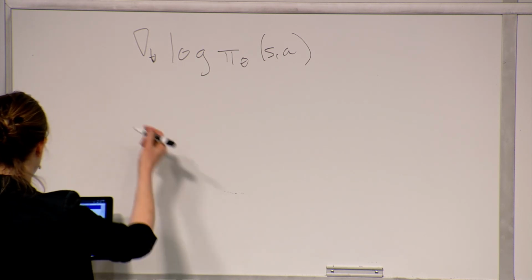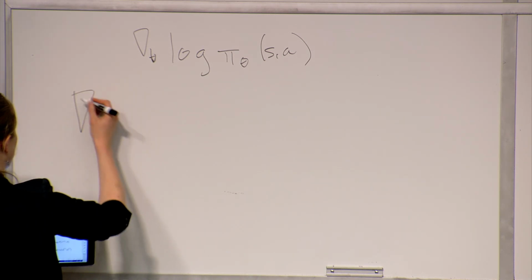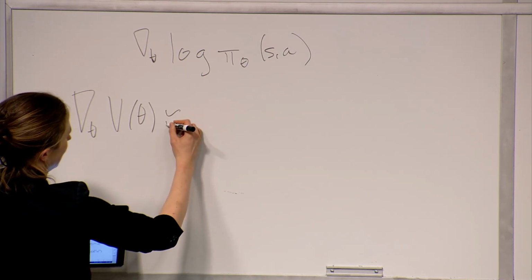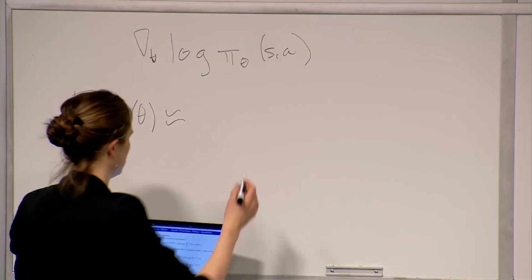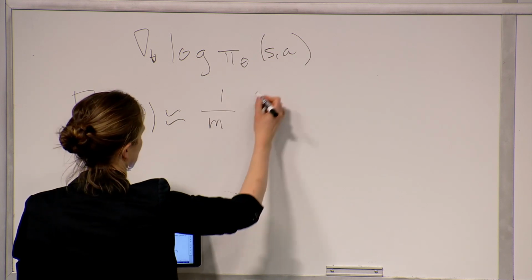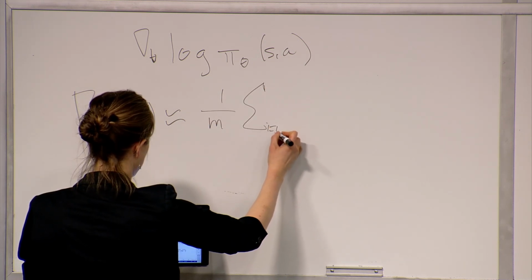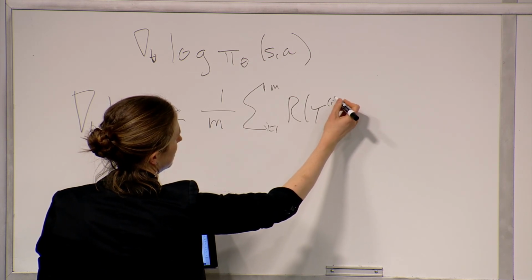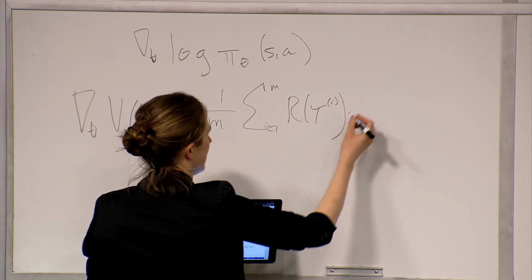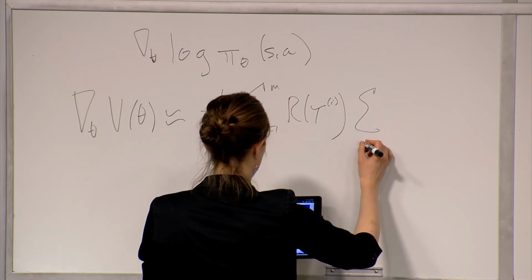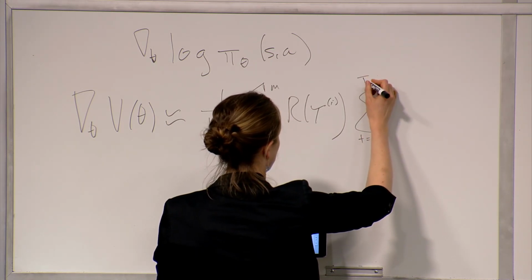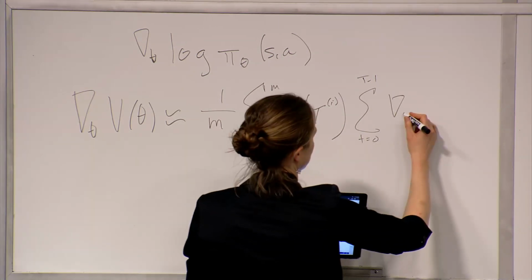When we take the derivative of the value function, we approximate that by getting m samples, and we sum over i equals 1 to m, and we look at the reward for that trajectory, and then we sum over these per-step score functions.